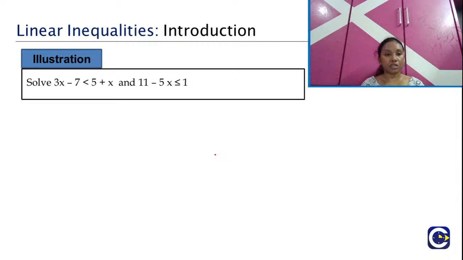Come on guys, quickly. I have given two inequalities and the operator between them is AND, that is nothing but our intersection.